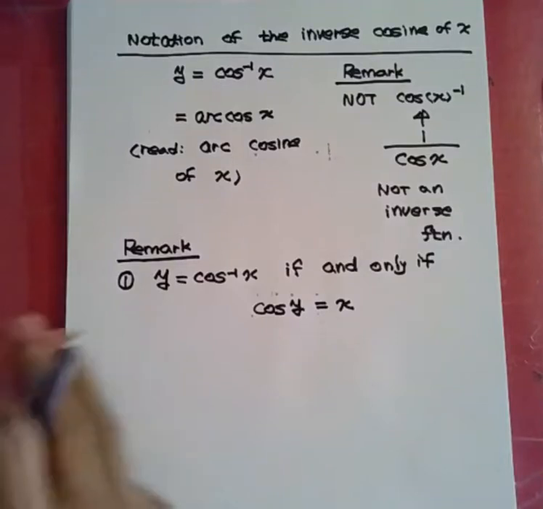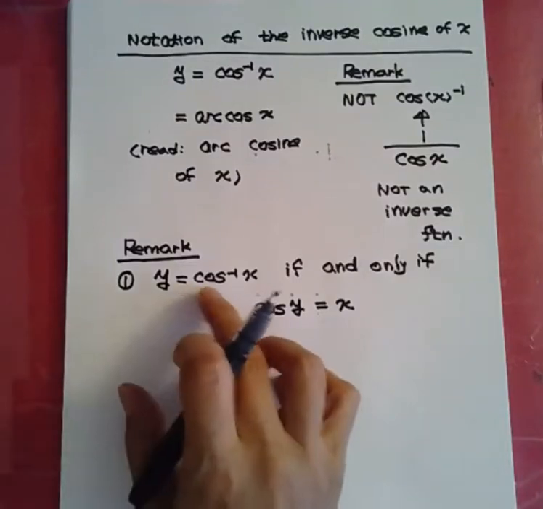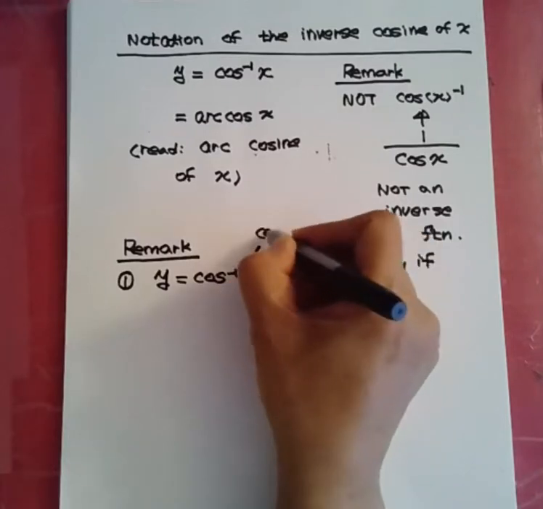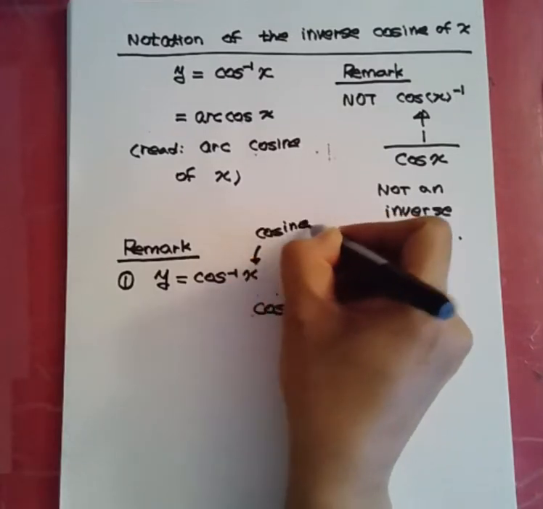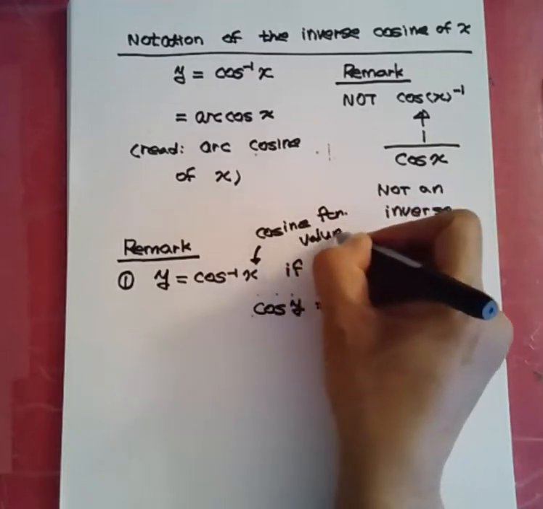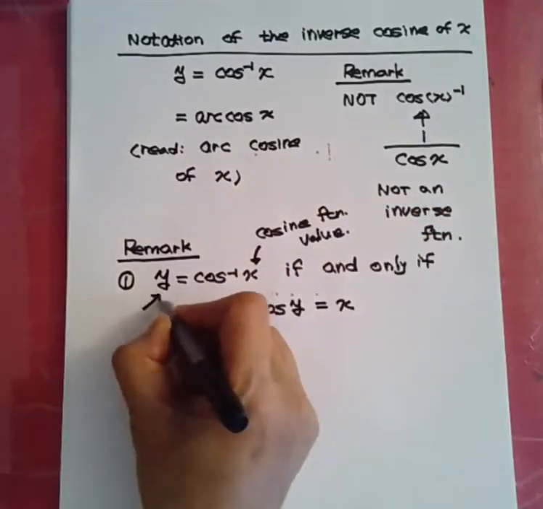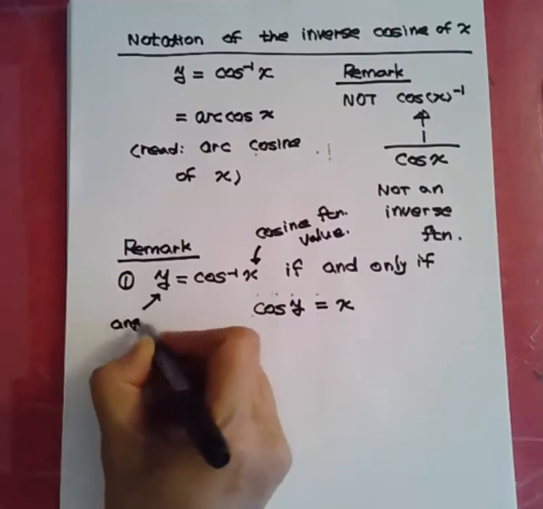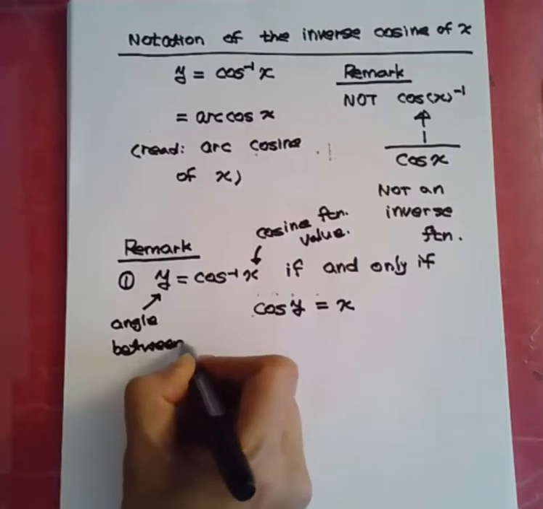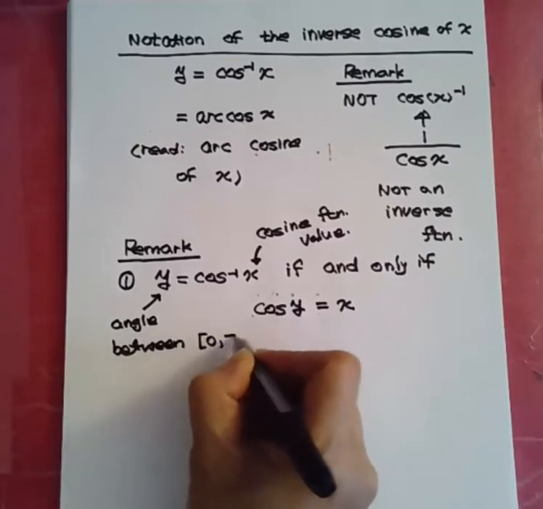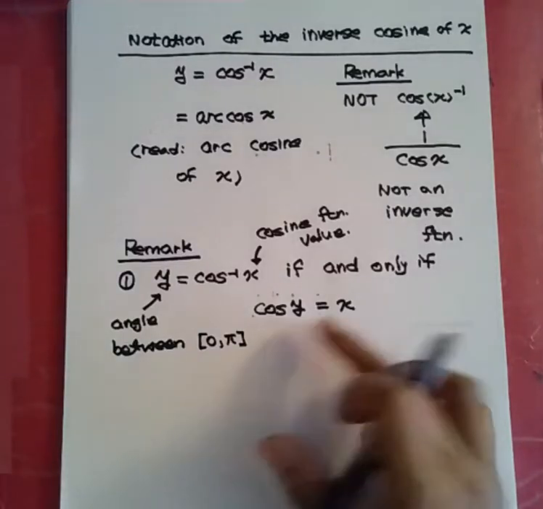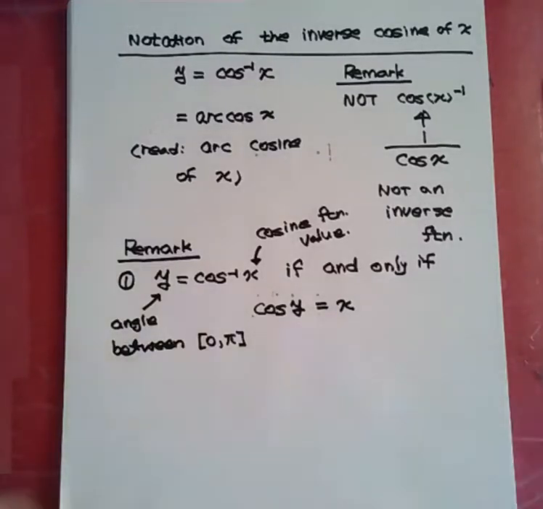So when we think about cosine inverse, x is a cosine function value, and y is an angle between 0 and pi. Here y is the angle and x is a cosine value.